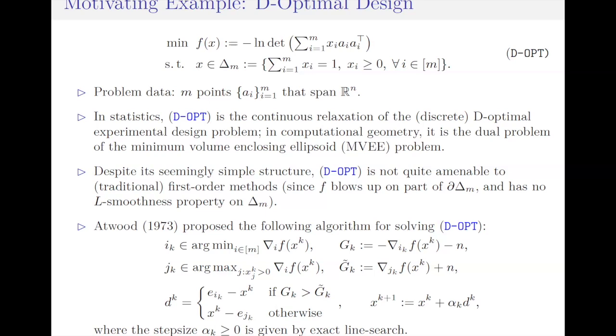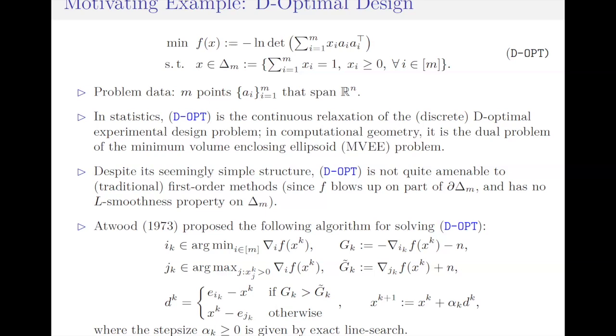So now, instead of having one index ik, as in the vanilla Frank-Wolfe algorithm, we have two indices. For this extra index jk, we can also compute another quantity. This is not a Frank-Wolfe gap, but another quantity.